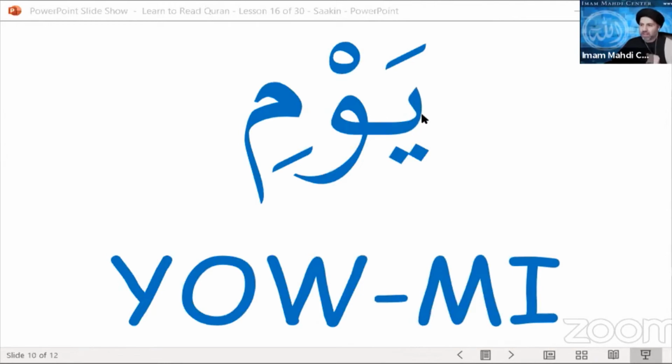Our next word also has three letters. The first letter is a ya, because this small curve with two dots underneath is ya. And the ya has a fatha, so it's pronounced ya. But then after the ya is a waw that has sakin, so we have to connect the sound of the waw to this ya with its vowel. So we say yaw.